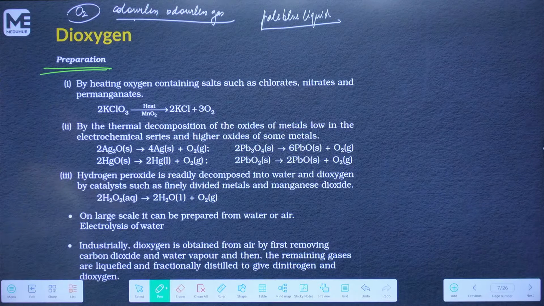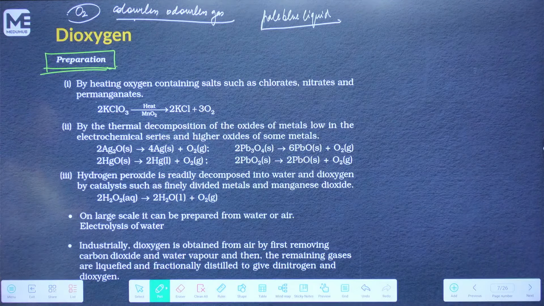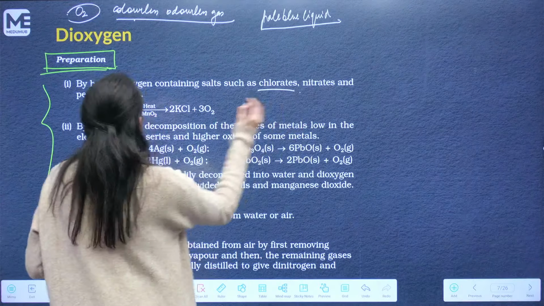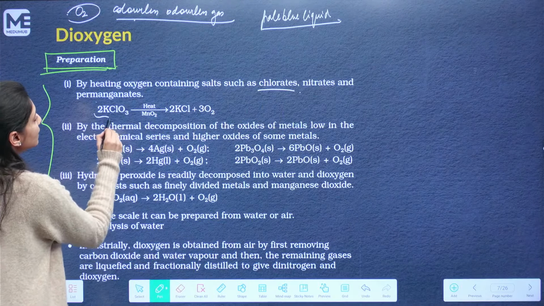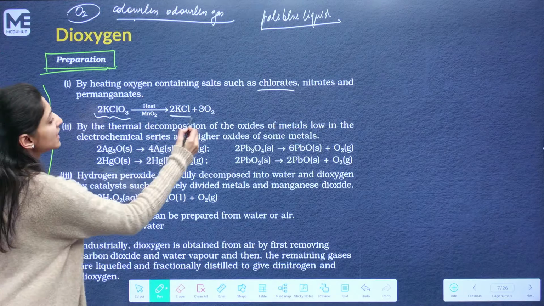Most of it is produced by photosynthesis, but in the lab you can prepare it by these methods. The first one is by heating oxygen-containing salts such as chlorates. KClO3, potassium chlorate, on heating with MnO2 gives KCl and O2.